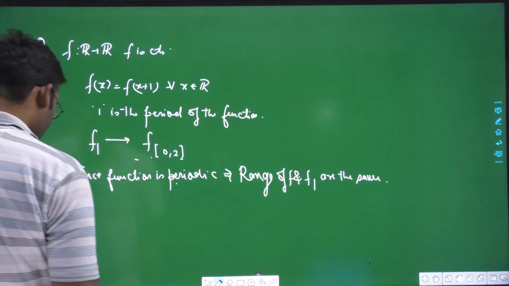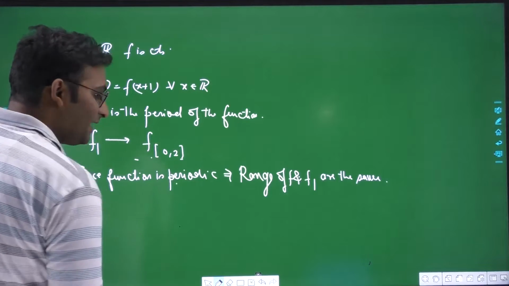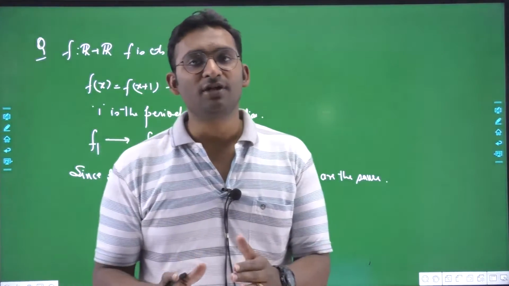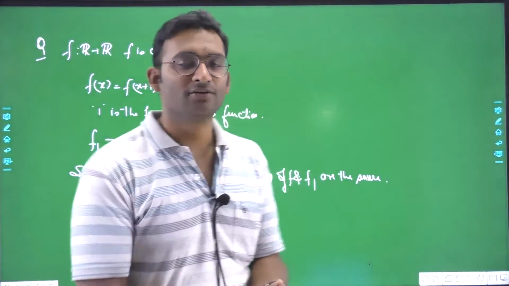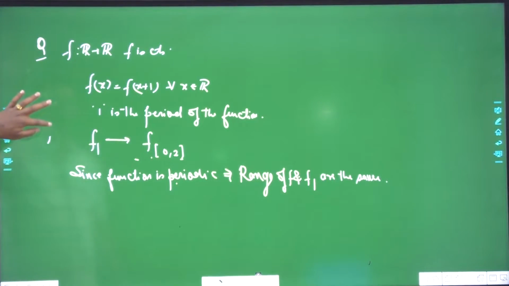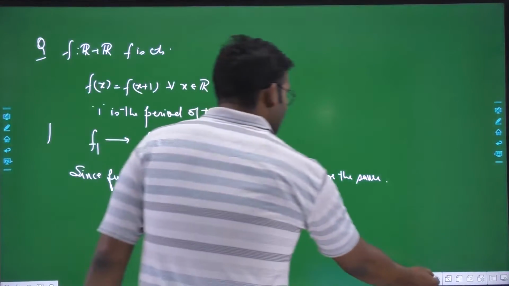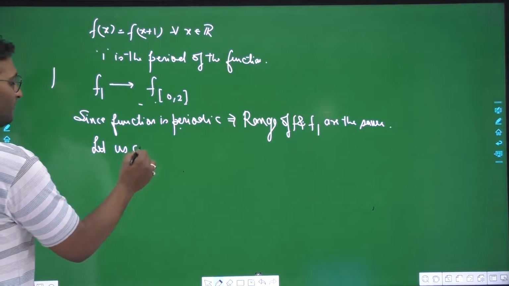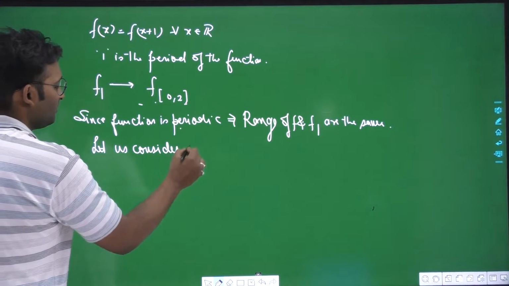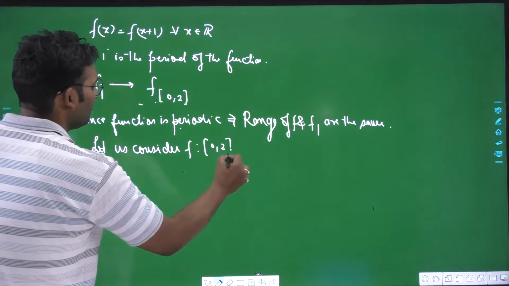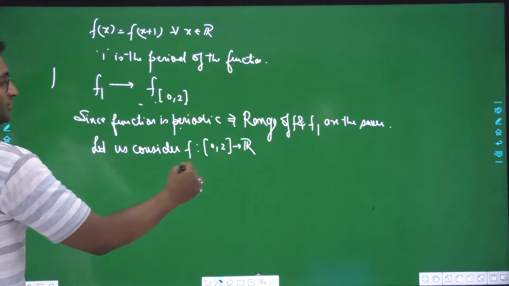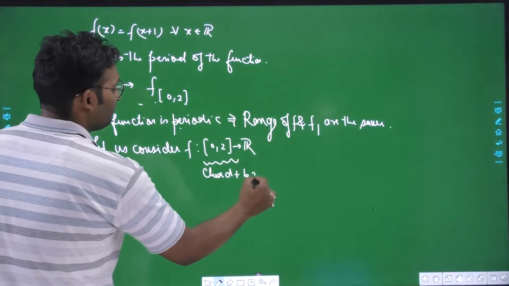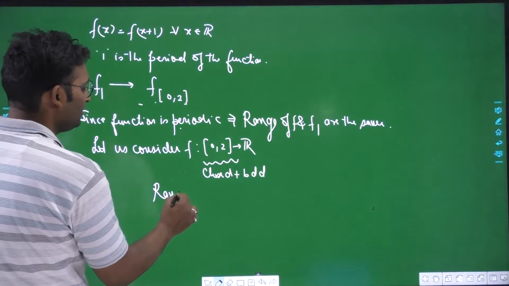Point number 1 done. अच्छा, point number 2 आप समझिए, जब भी कभी इस तरह का एग्जाम में हिंट हो, f of x naught plus pi, सो आप एक adequate, एक good, एक appropriate function assume करेंगे. So assuming an appropriate function is also important. So let us start. Let us consider the function to be defined over 0, 2 to R, and since the function is defined over a closed and bounded set, the range of f will also be closed and bounded.